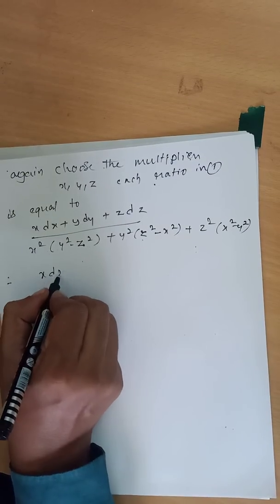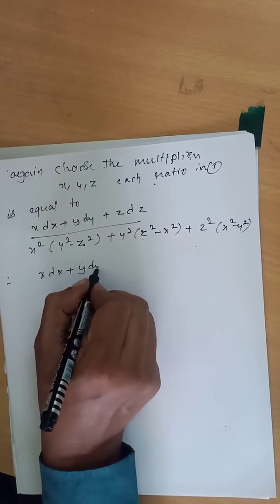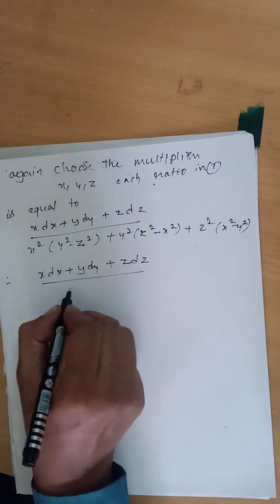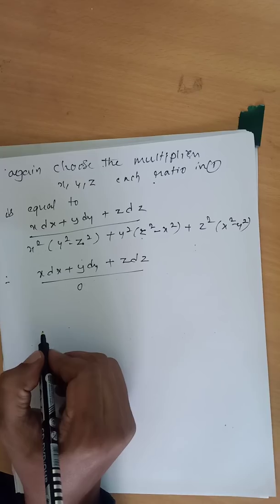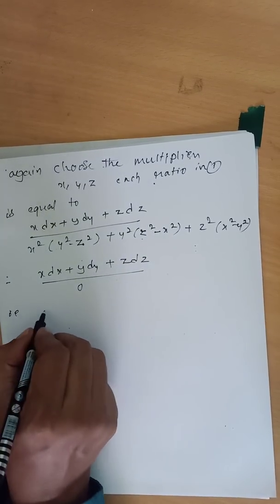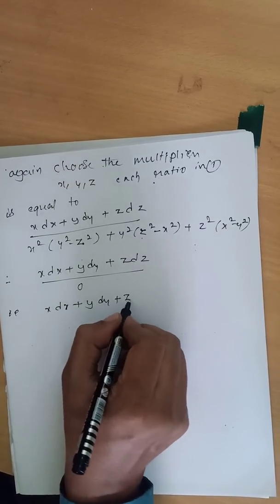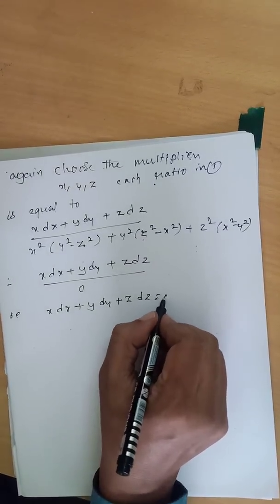Therefore x dx + y dy + z dz, adding, the denominator term will be 0. That is x dx + y dy + z dz equal to 0.